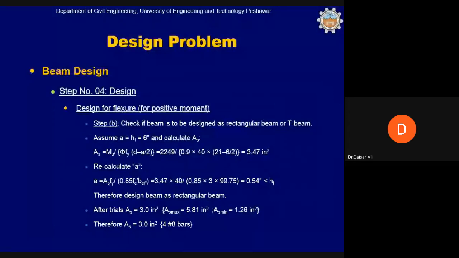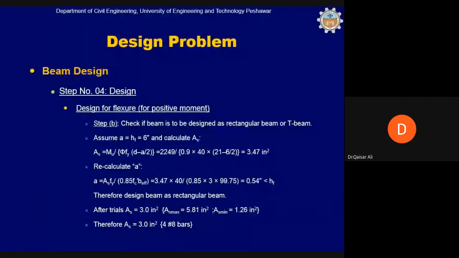After trials, you can continue and recalculate AS, and finally, when the values show no more change, you can select that value of AS. AS is finally 3 square inch.